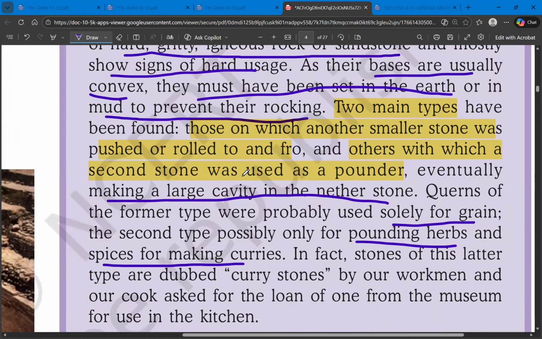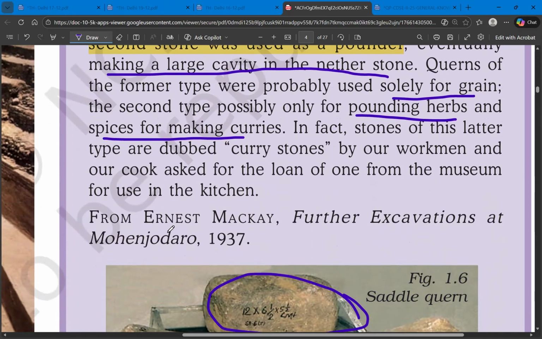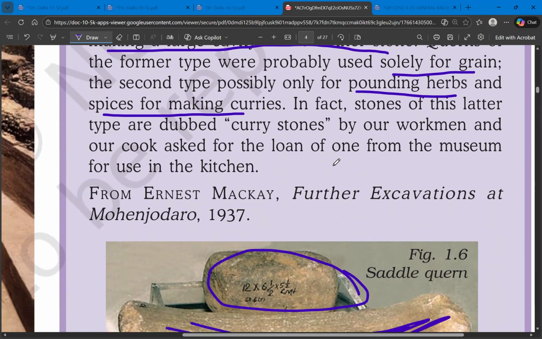So the first type, where another smaller stone was pushed or rolled to and fro, might be used solely for grinding grains, whereas the other, where the second stone was used as a pounder, can be used for pounding herbs or spices for making curries. In fact, stones of this latter type are dubbed curry stones by our workmen, and our cook asked for the loan of one from the museum for use in the kitchen.